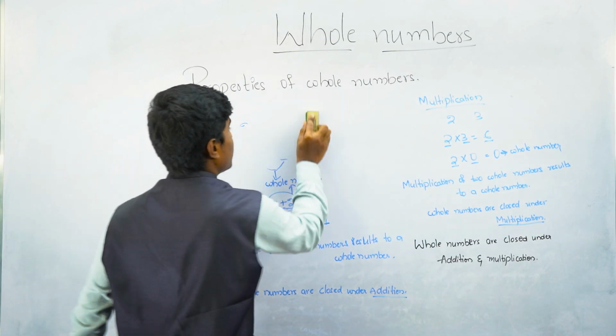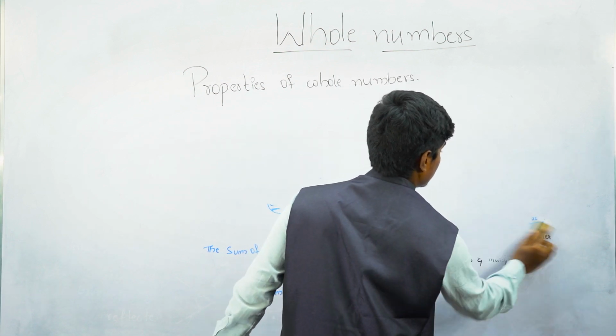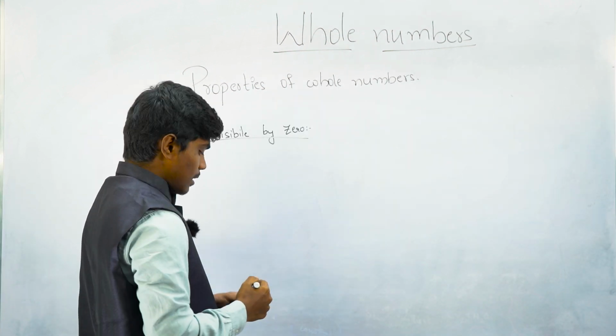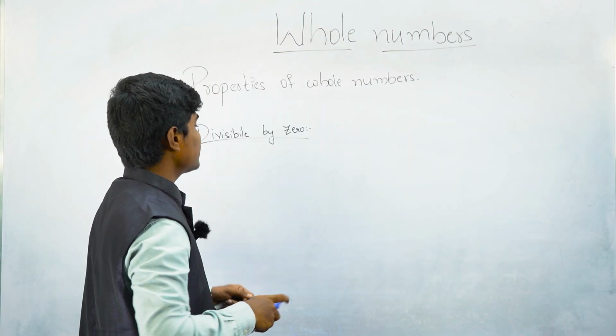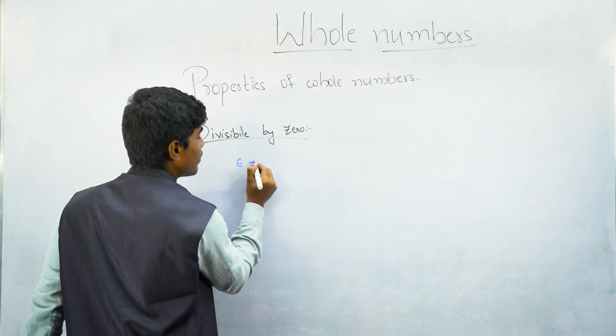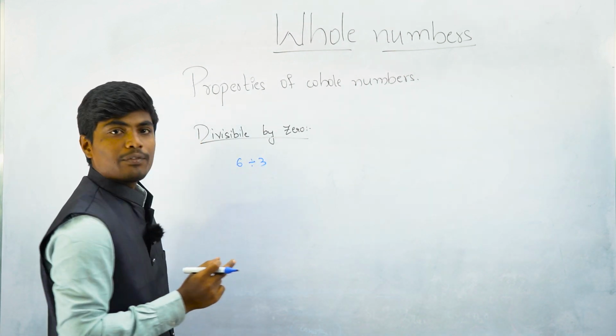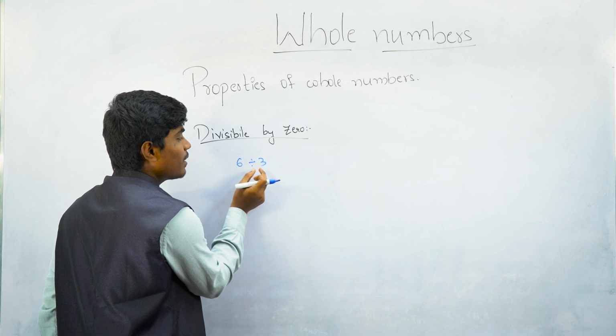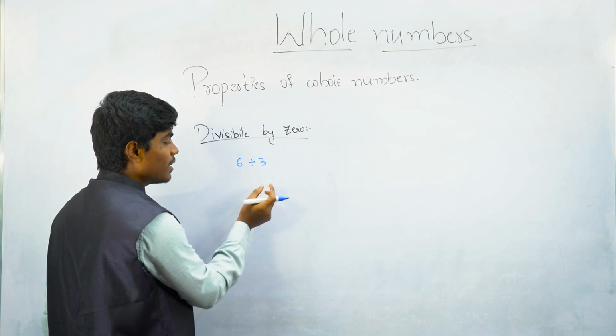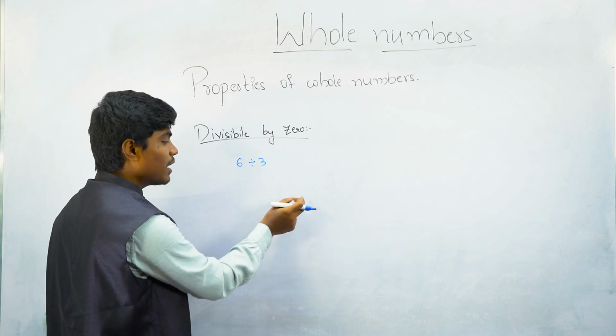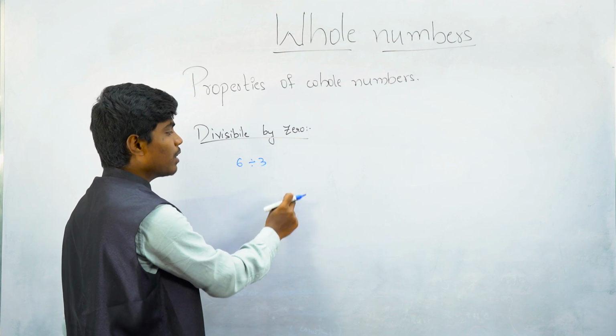Now let's discuss division by 0. Let's take two numbers. Let's take a division, 6 divided by 3. Here we have to subtract 3, and from that answer subtract 3 again. How many times are we going to subtract 3?